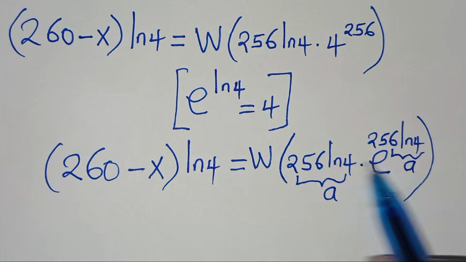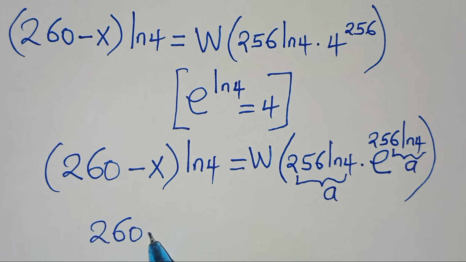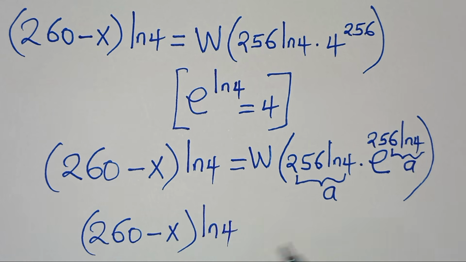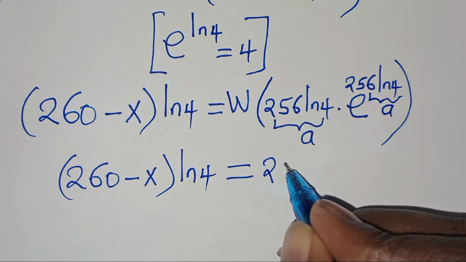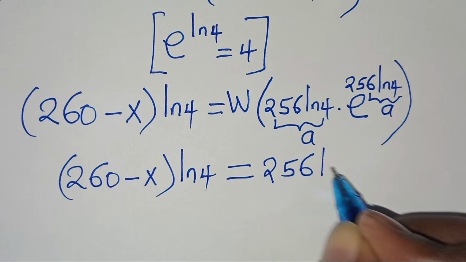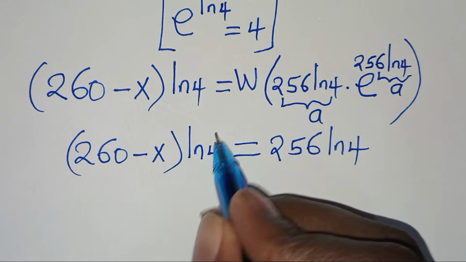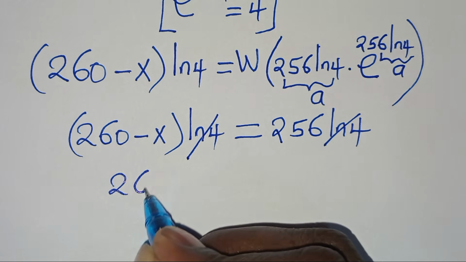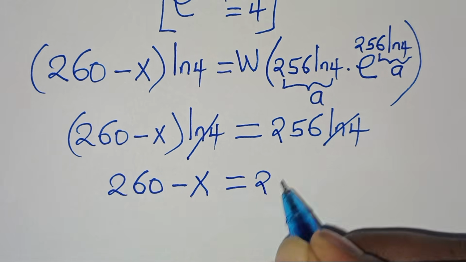So this means that on the right hand side, here we have 260 minus x multiplied by ln of 4. This is equal to 256 ln of 4. So we can simplify ln of 4 here, so that now 260 minus x is equal to 256.